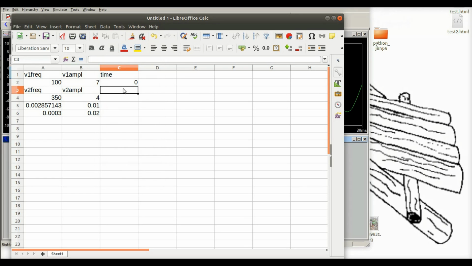I can take the cell above it, C2, and then I can add my step time to it. So I would type equals C2, which is the cell above, plus my step time, 0.0003.